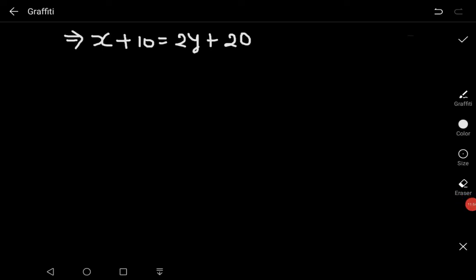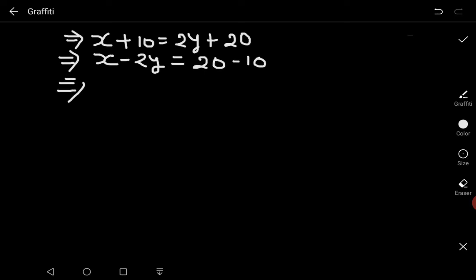When we multiply this y plus 10 by 2 we get 2y plus 20, and what equation will become: x minus 2y is equal to 20, and this 10 will shift over so minus 10. So yes, our second equation will become x minus 2y is equal to 10 and this is our second equation.